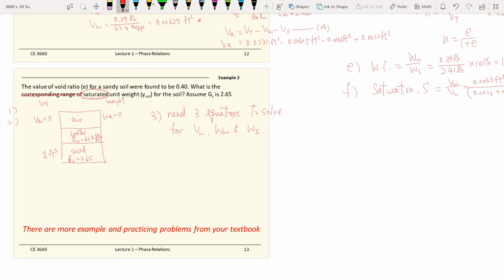Now, we have the void ratio. So when we look at the equations that we need to solve for, what is given now is the void ratio, which equals 0.4, and the void ratio is the volume of void divided by the volume of solid.